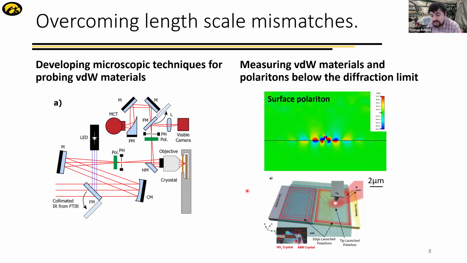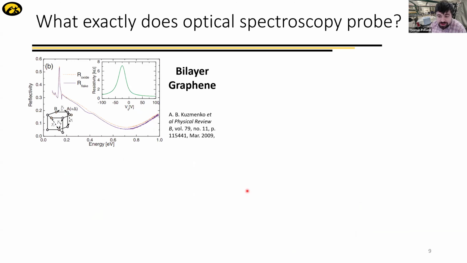And the other thing that we can do is exploit polaritons, which are coupled states of light and matter, strongly interacting states of light and matter in the infrared that actually are much easier to see, and often allow us to see different optical properties that we wouldn't necessarily be able to see just, say, looking at a thin flake. So this is what I do, and I hope that gives a motivation for why we're interested in the infrared optical properties.